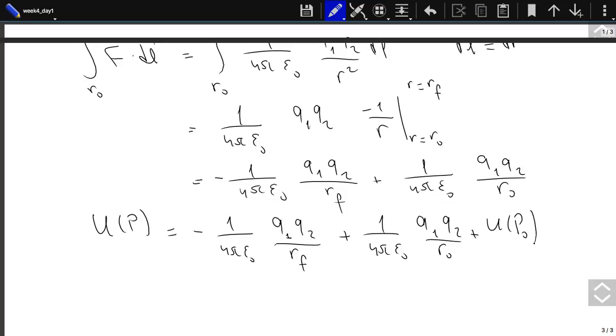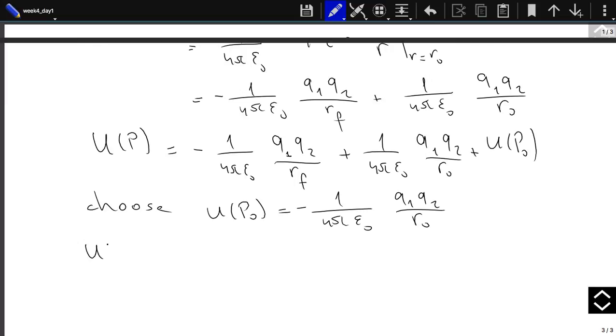Or if you want, this is a choice, choose U of P0 equal to minus 1 over 4 pi epsilon 0 Q1 Q2 over R0. If you make this choice, then we know the potential energy of the system, U of R, is equal to minus 1 over 4 pi epsilon 0 Q1 Q2 over R.